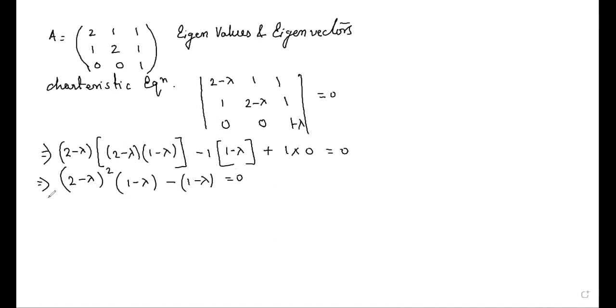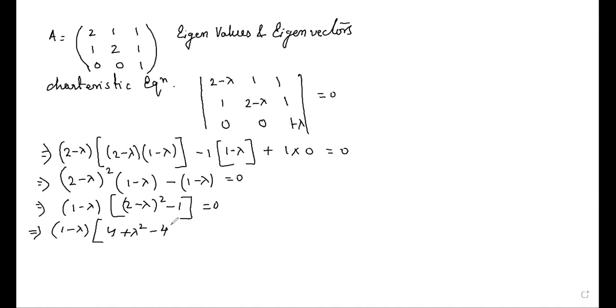So this is a cubic equation. We need to solve it for the values of lambda. From both the terms, 1 minus lambda is common, and we are left with (1 minus lambda) times ((2 minus lambda) whole squared minus 1) equals 0. Still the roots are not found, so we need to simplify more: 4 plus lambda squared minus 4 lambda minus 1.